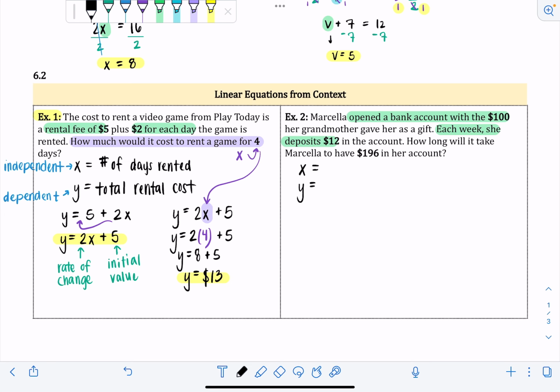And it says that each week she deposits $12, so x must be the number of weeks she saves. And then for y, the problem is asking how long it's going to take for us to have a certain amount in our account. So what we're trying to find is an equation that's going to give us the total amount of money that she has saved. So for y, it'll be the total amount of money saved.